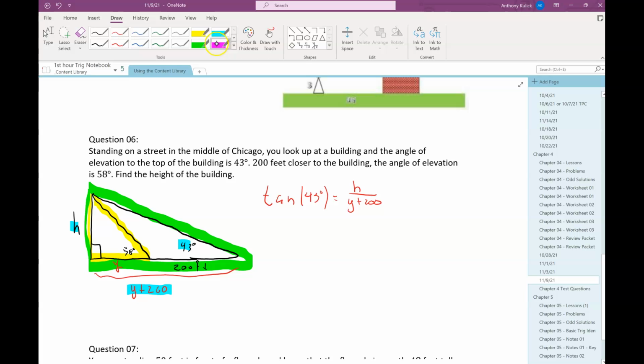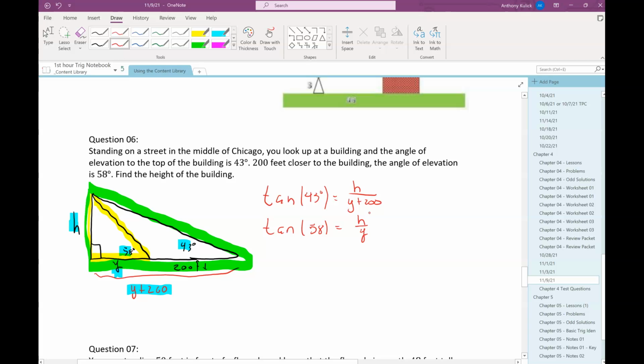Similarly, I can do the same thing here. We're looking at that angle, and I want to know about opposite and adjacent also. So I can write a second equation. And notice each of those equations has two variables. They each have an h and they each have a y.